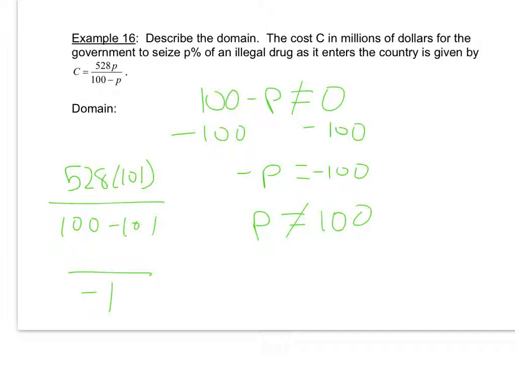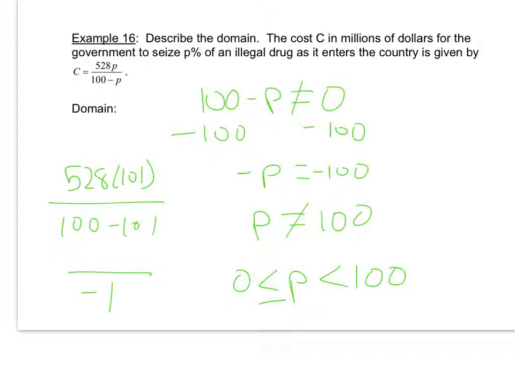No. So we know we have to be strictly less than 100. And can you seize a negative percent if you're plugging in P as percent? No. So you could seize nothing, but you'd have to plug in. So there we go. So there's the domain.